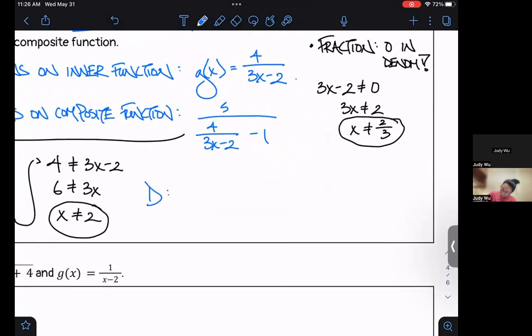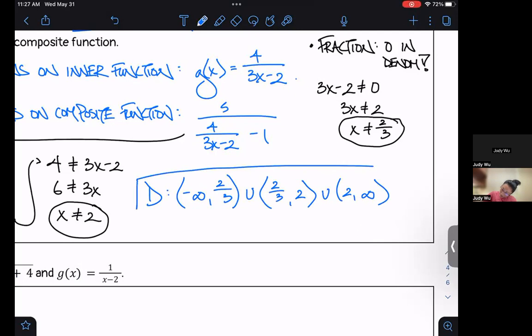Domain: negative infinity to 2/3. But we can't have 2/3, so we write a parenthesis. In union with 2/3 to 2. And we can't have 2, so we need another parenthesis. In union with 2 to infinity. Okay, so this is what our final answer looks like.